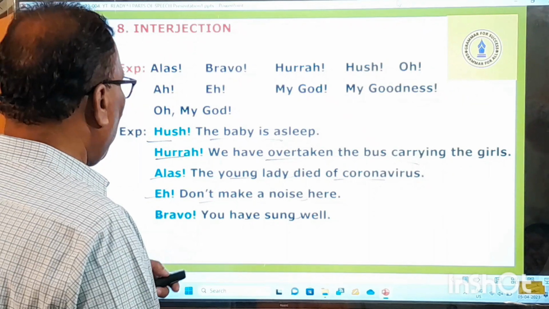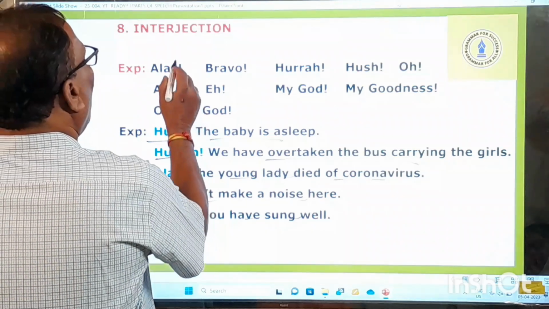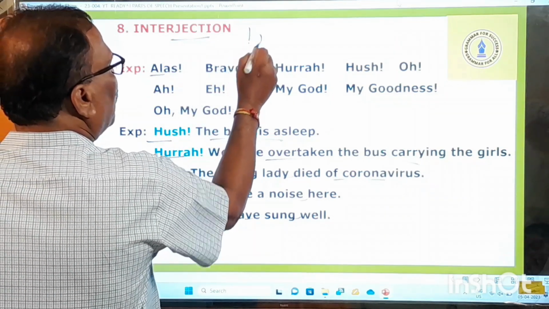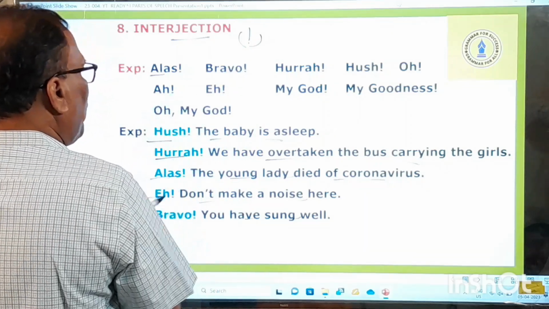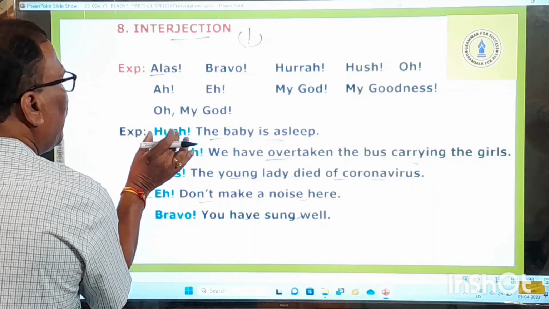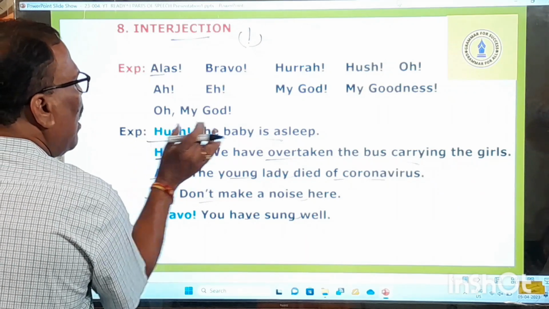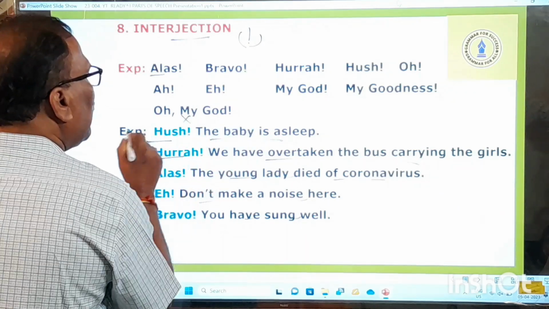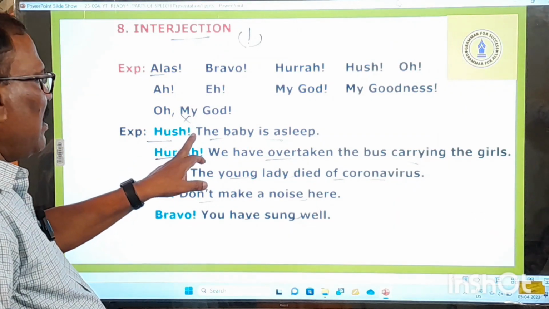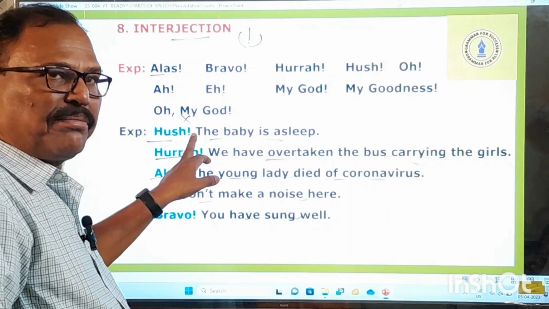One important feature I would like to tell you. Beside all interjections, there is an exclamatory mark. Second, between the interjection and the sentence there is no grammatical link at all. That's why after hush I am beginning the sentence with a capital letter.